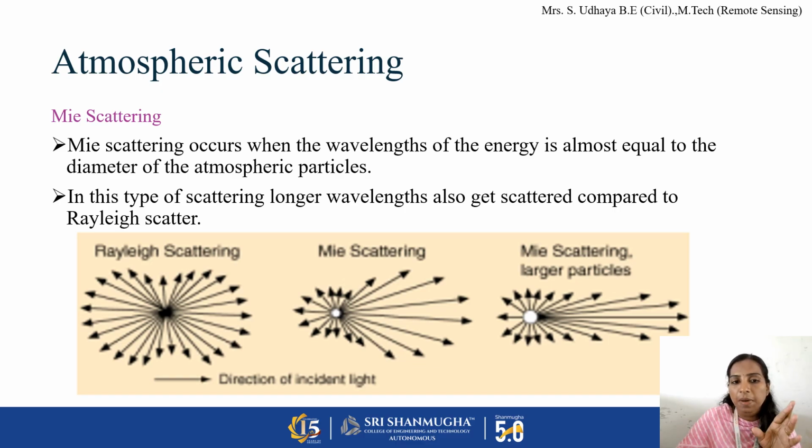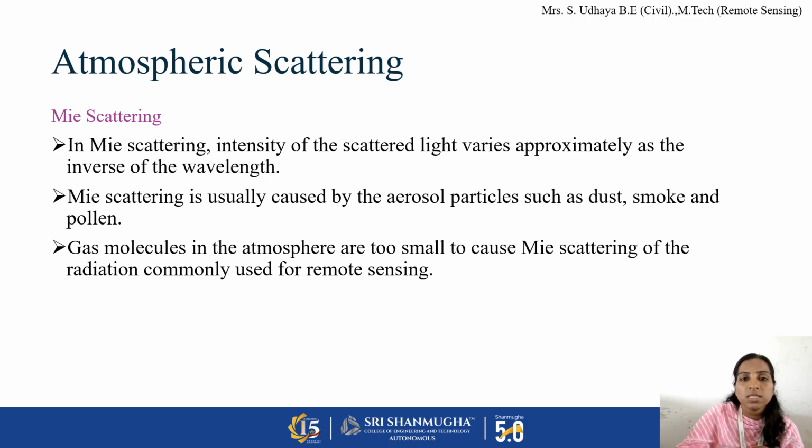In Rayleigh scattering, the particle size is very small. In Mie scattering, the particle size and the incident radiation are equal. The third one is non-selective scattering. Before that, we will discuss the examples of Mie scattering. Particles such as dust, smoke, pollens, and some gas molecules in the atmosphere are responsible for Mie scattering.